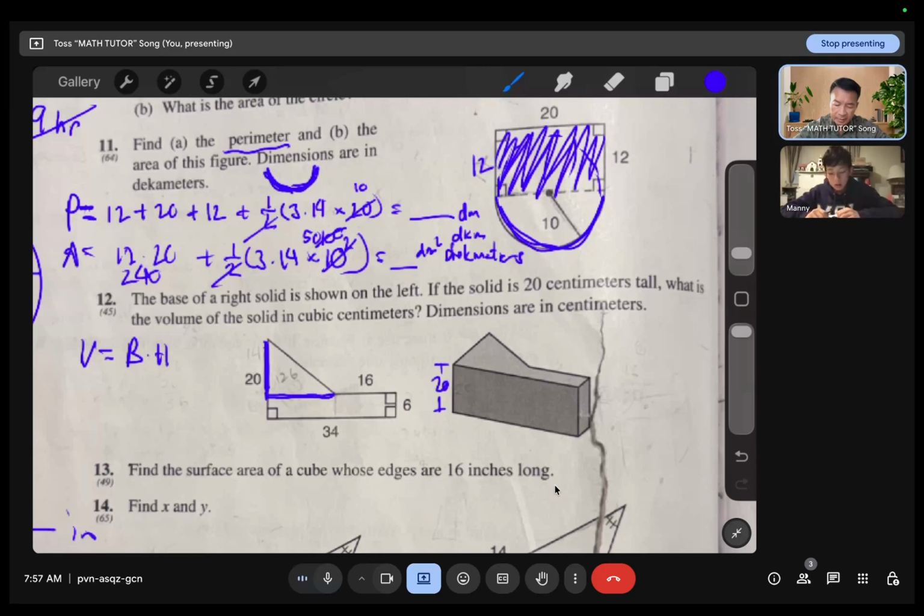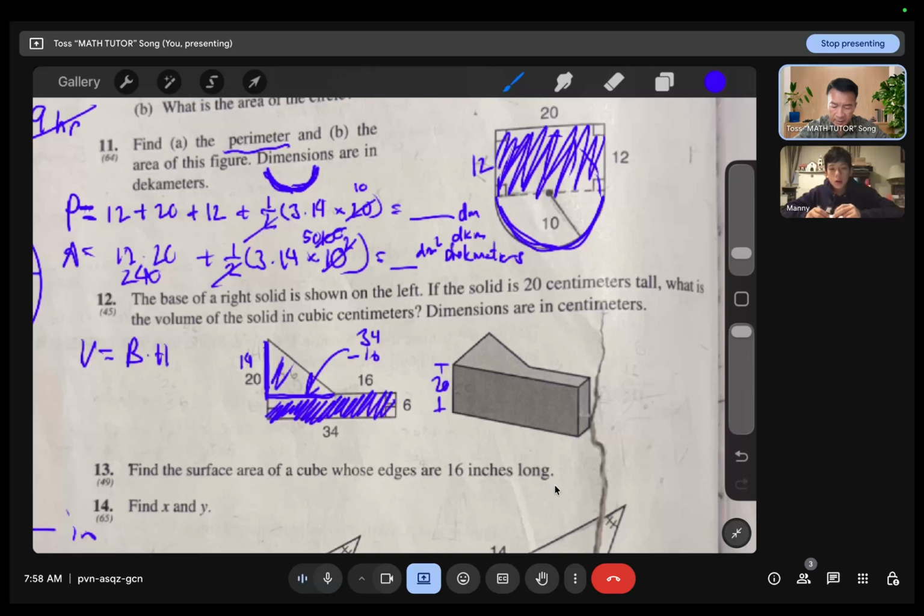34 minus 16. What is that? Let me see. Yes, 34 minus 16 for here, right there. And what about the height? It's 20. But then 20 minus 6. So it's 14. Okay, good. I think you got this. And then you do the area 6 times 34. Is that right? Yeah.